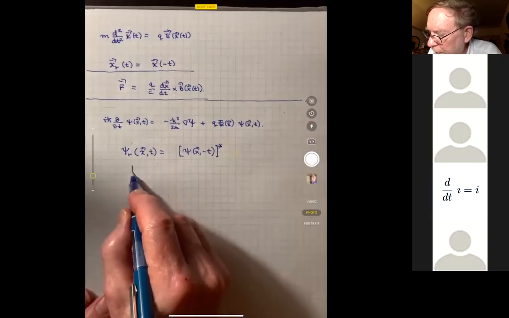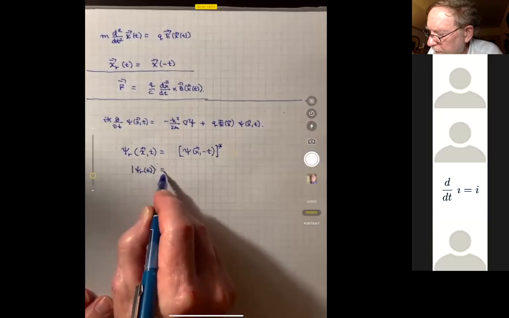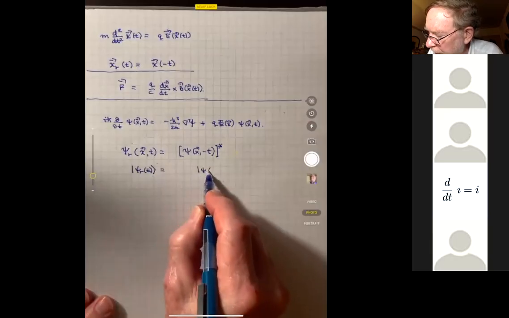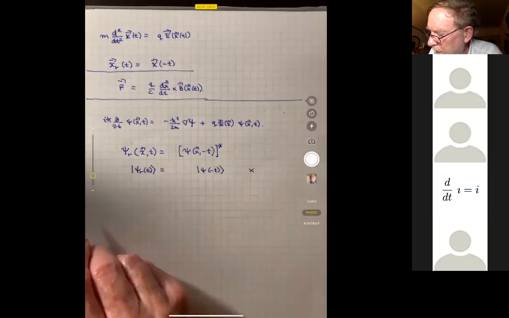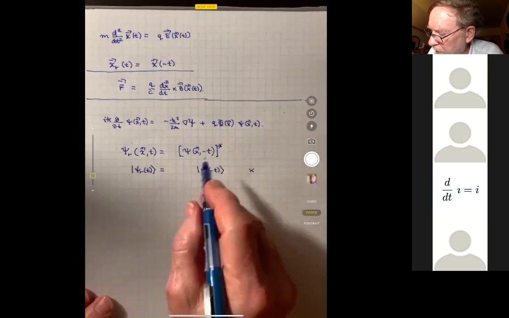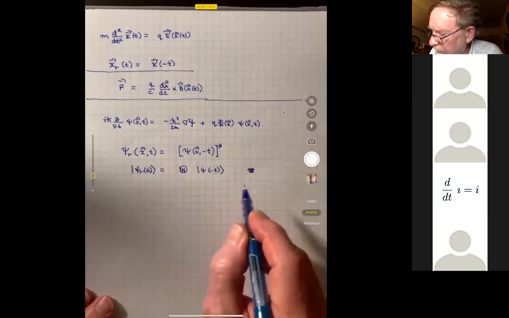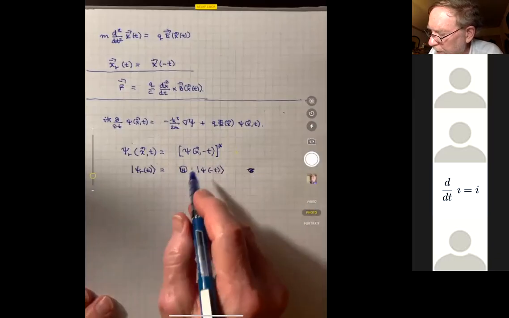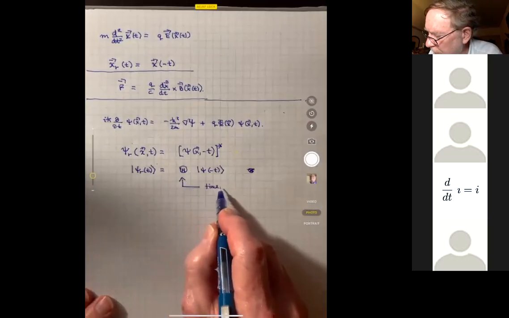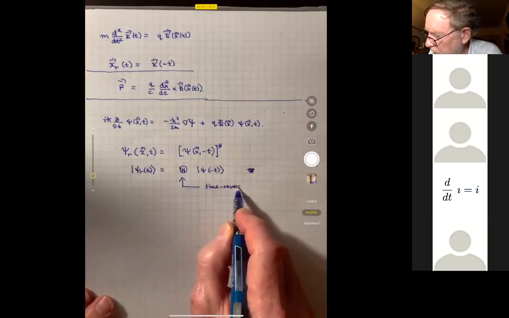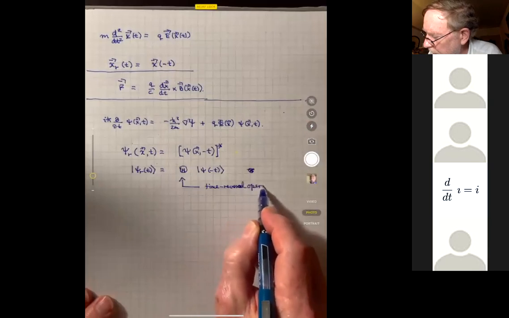Let's write this in ket language by saying psi r of t, as a time-dependent ket, is given by not psi of minus t, that's the thing that didn't work. Instead we need to introduce complex conjugation, which I'll denote by an operator I'll call capital theta. So in this context, capital theta is complex conjugation. And this is the operator that we call the time reversal operator.